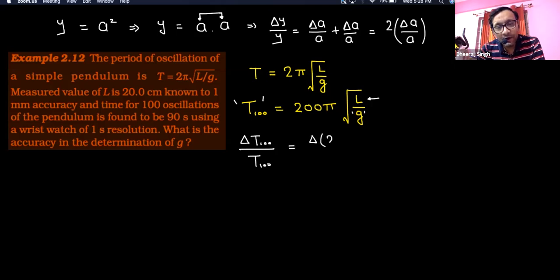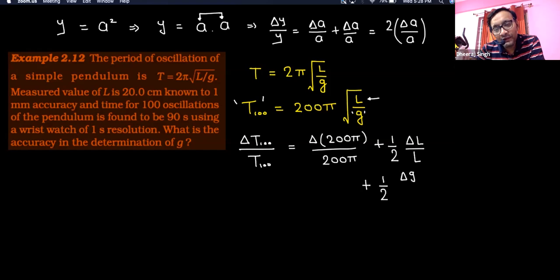The error in 200 pi divided by 200 pi plus what? Yes, 1 by 2 delta L by L plus half delta G by G. Got it? Fine. This is L to the power half, this is G to the power minus half, so the half will come out as exponents.